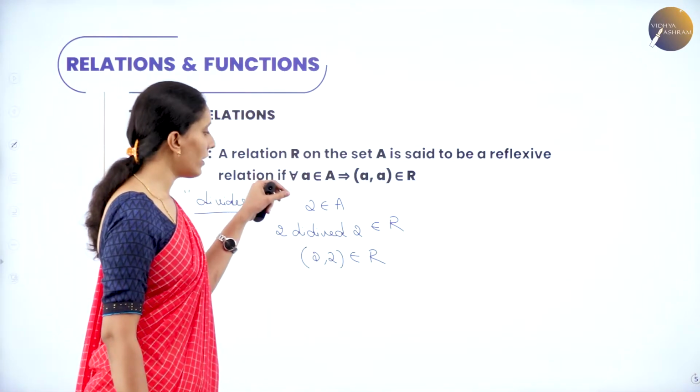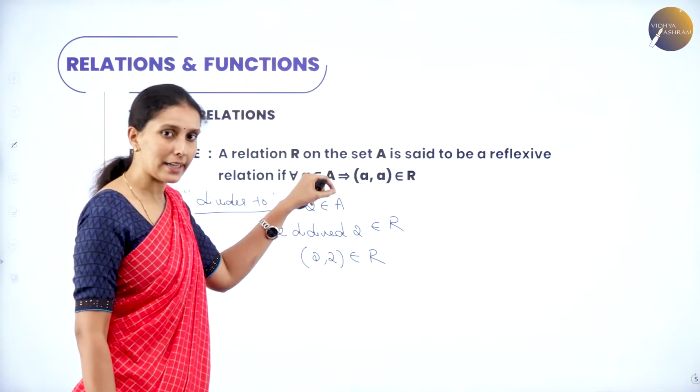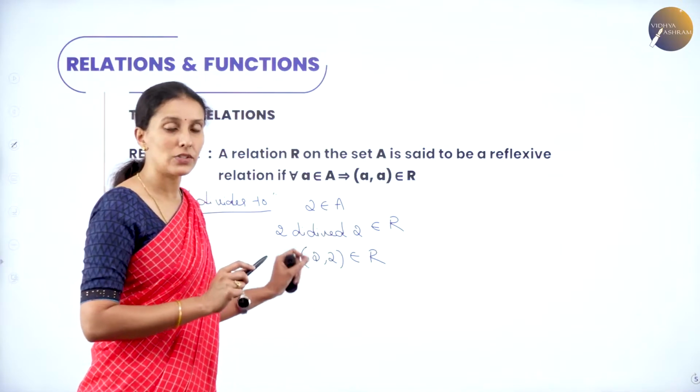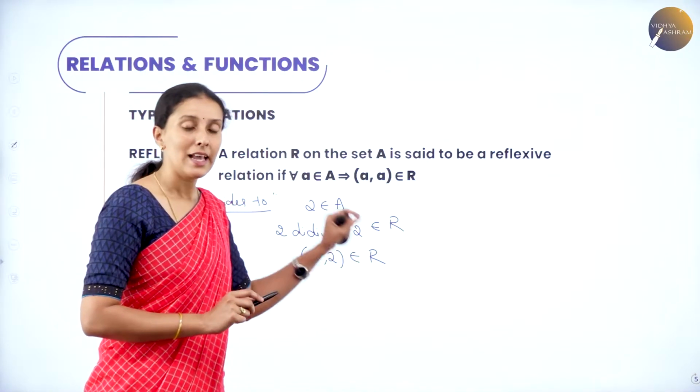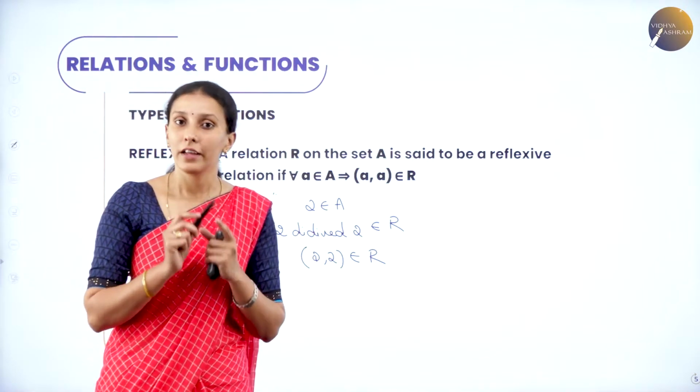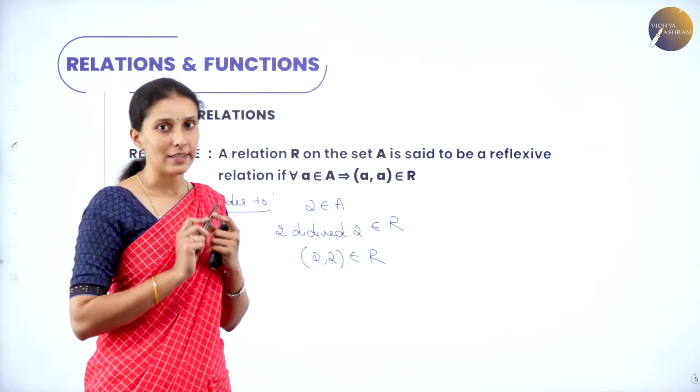Hence, whenever any element belongs to the set A, it should satisfy the property that (2, 2) belongs to R. That means 2 divides 2 is possible. Hence, we say this is a reflexive relation. Hence, "divides" is also a reflexive relation.